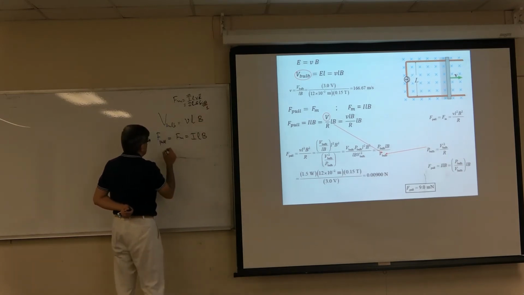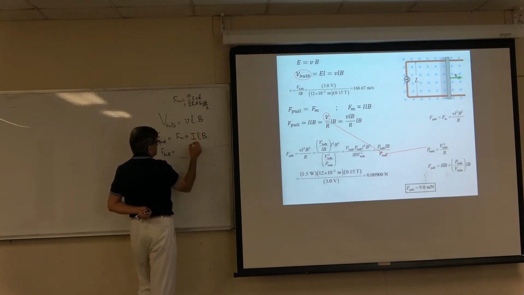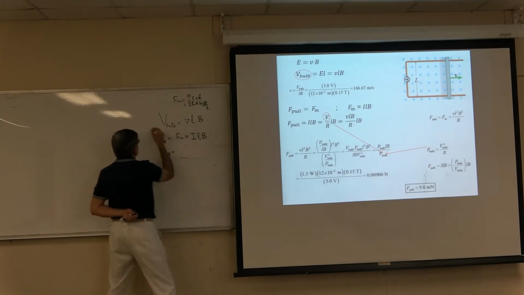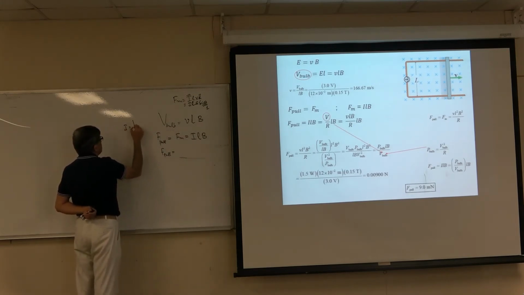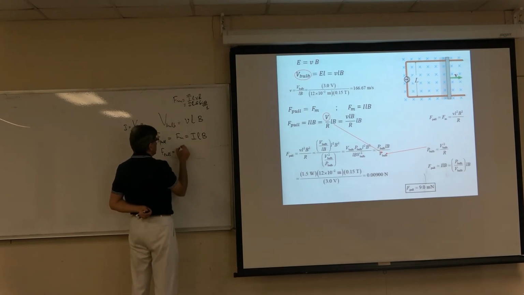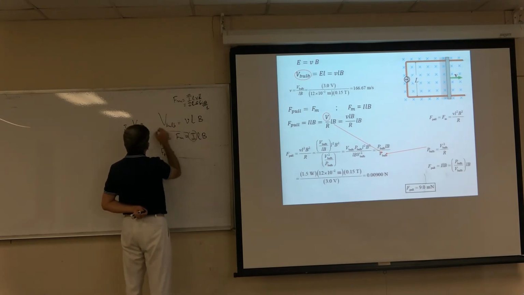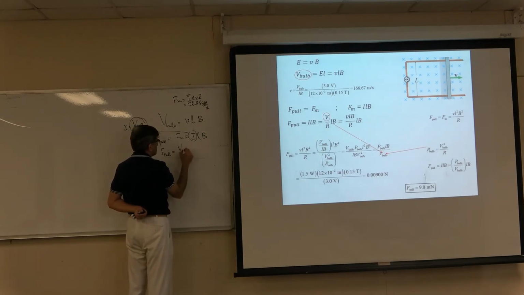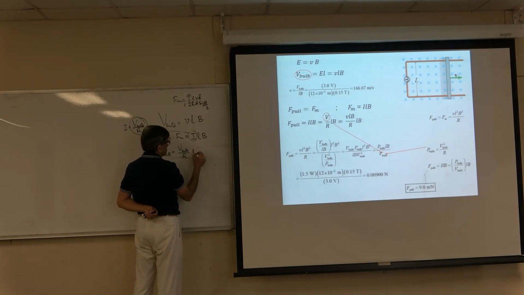Now, the force of pull is equal to I, and using Ohm's law, I is equal to V, the potential difference across the bulb, divided by the resistance provided by the bulb. So I can replace this with that, and it will be the potential difference across the bulb divided by the resistance, times the length of the bar and the magnetic field.